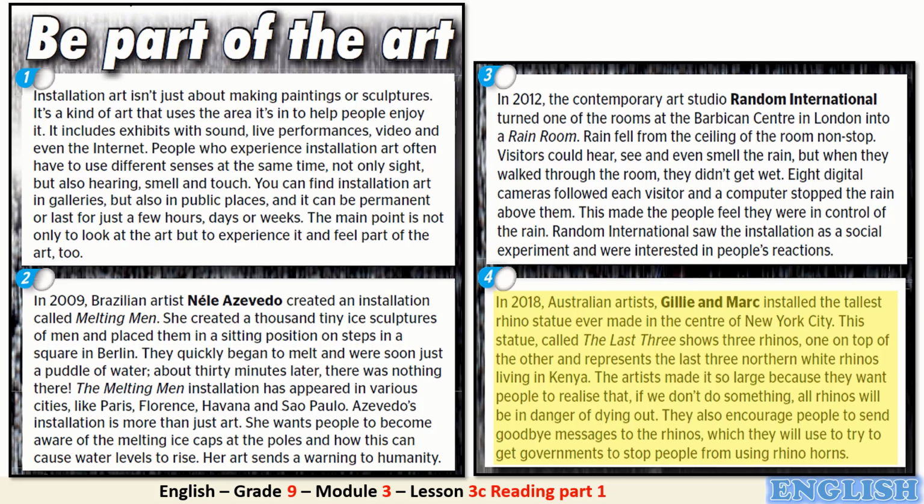The artists made it so large because they want people to realize that if we don't do something, all rhinos will be in danger of dying out. They also encourage people to send goodbye messages to the rhinos, which they will use to try to get governments to stop people from using rhino horns.